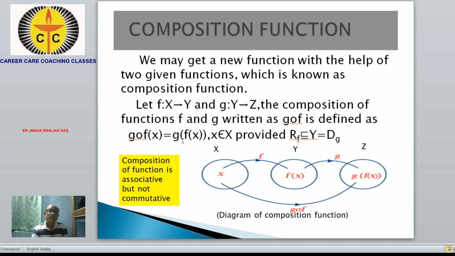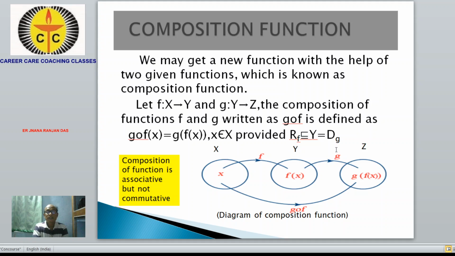We can define it like this: g(f(x)) when x belongs to X, provided that Rf, the range of f, lies within Y, and it must be a subset of Y, which is equal to the domain of g. The domain of g is equal to Y itself.